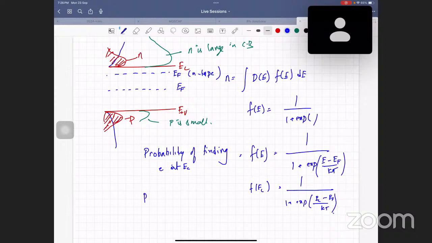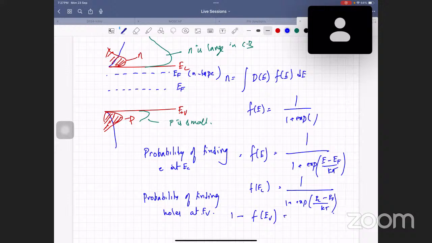What is the probability of finding holes at EV? You can write it as 1 minus the probability of finding electrons, which is f of EV, and then 1 minus that will give you the probability of finding holes.